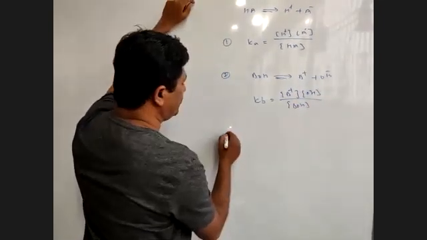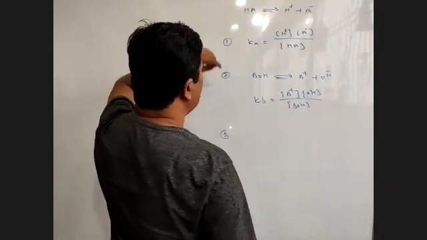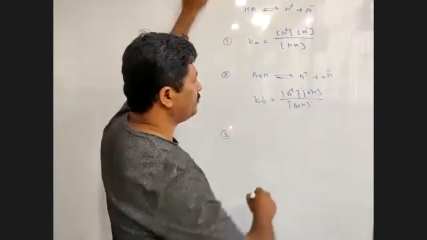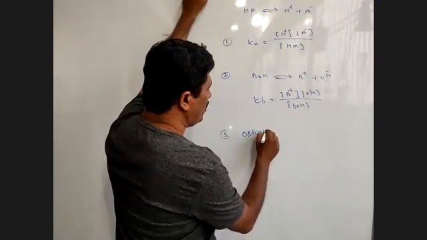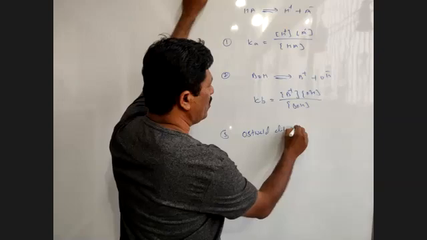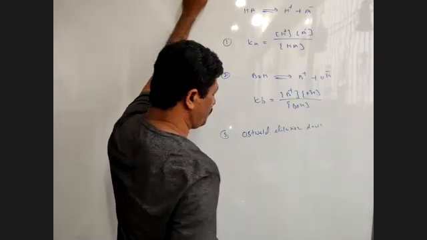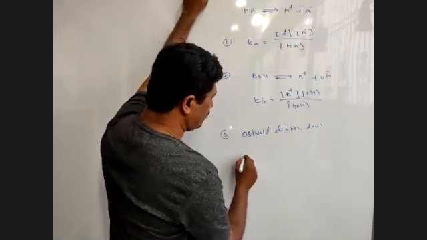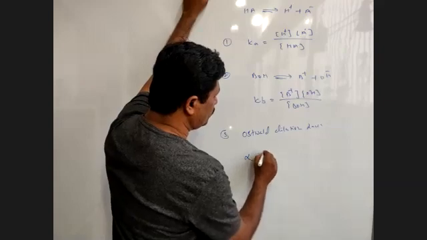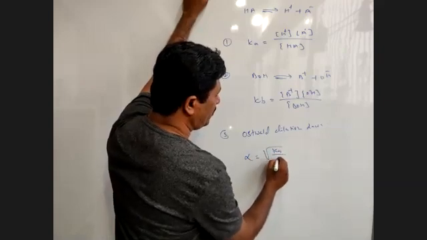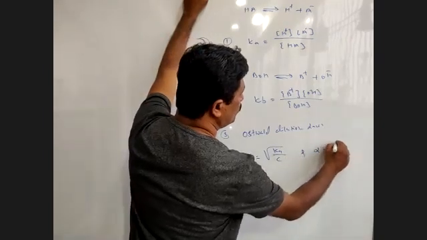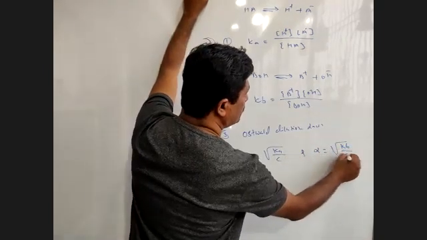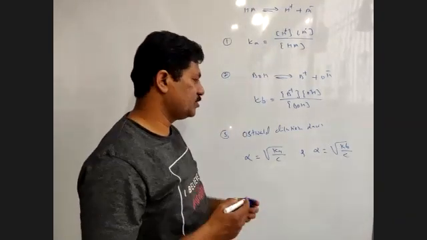This should come to us even in sleep. And third, we wrote Ostwald dilution law for weak acid and weak base, the relation between alpha and K. According to Ostwald dilution law, alpha is equal to root of Ka upon C, and alpha is equal to root of Kb upon C. This is Ostwald dilution law.